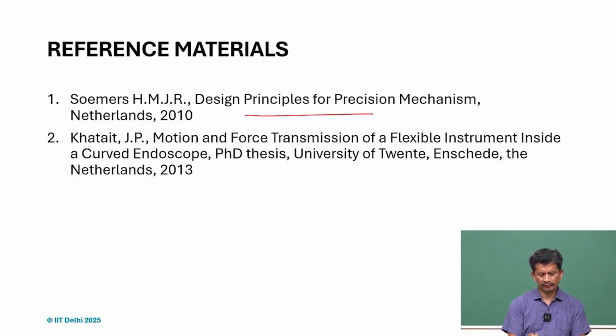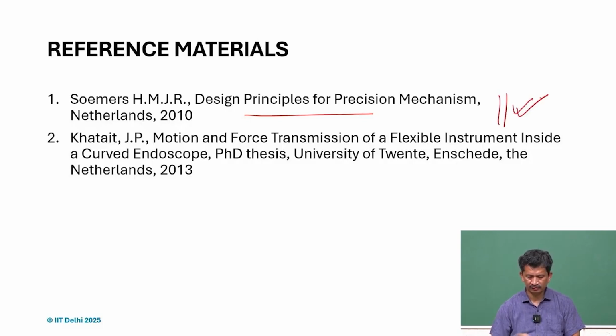We can always refer to this book, Design Principles for Precision Mechanisms by Professor Summers. The Dutch version is by Professor Koster, and it's widely used in the Netherlands for designing machines for precision applications in the semiconductor industry.